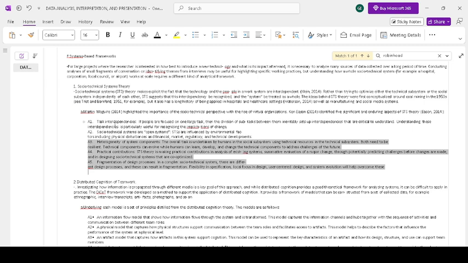Heterogeneity of system components: the overall task is undertaken by humans in the social subsystem using technical resources in the technical subsystem. Both need to be resilient. Technical components can evolve while humans can learn, develop, and change the technical components to address challenges of the future.